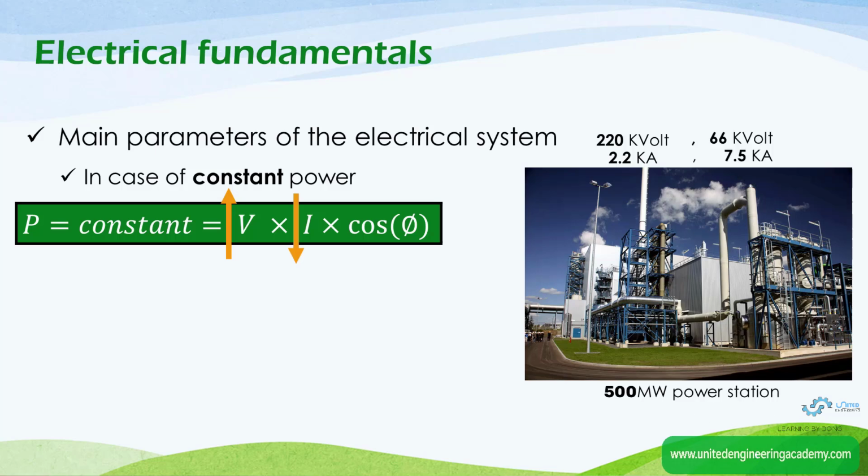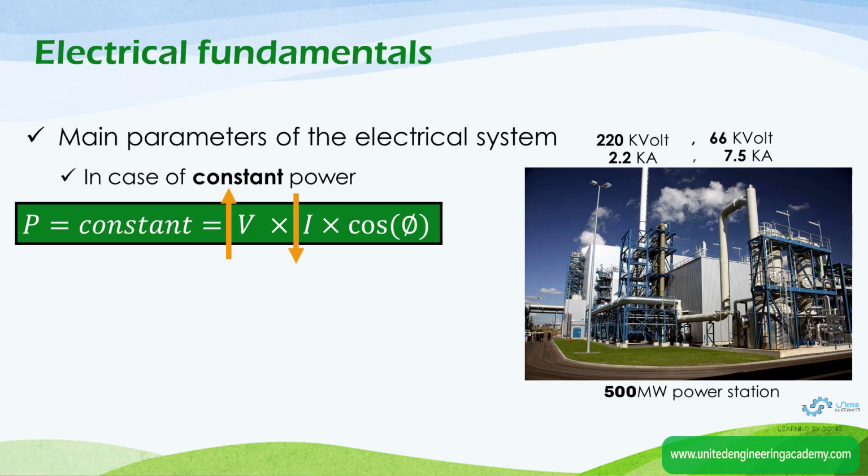If we instead transmit it at 66 kilovolts, which is smaller than 220 kilovolts, the current will increase to 7.5 kiloampere instead of 2.2 kiloampere.